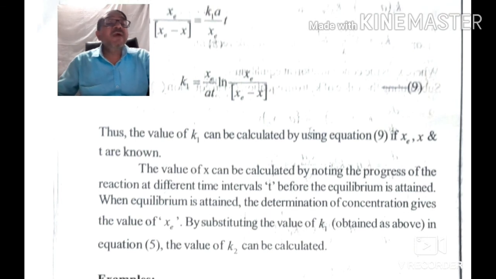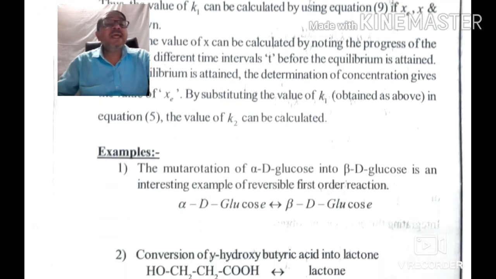The value of x can be calculated by noting the progress of the reaction at different time intervals t before equilibrium is attained. When equilibrium is attained, the determination of concentration gives the value of xe. By substituting the value of k1 obtained as above in equation 5, the value of k2 can be calculated.